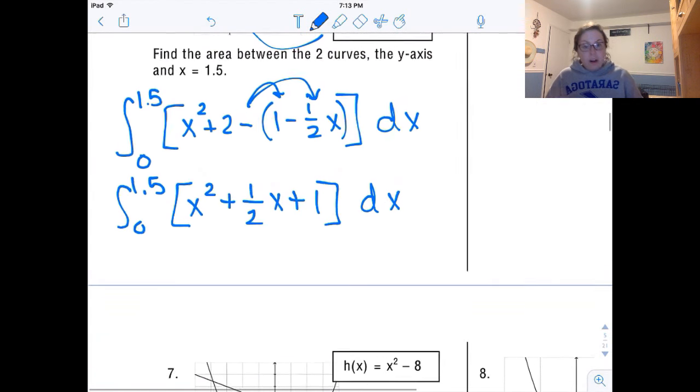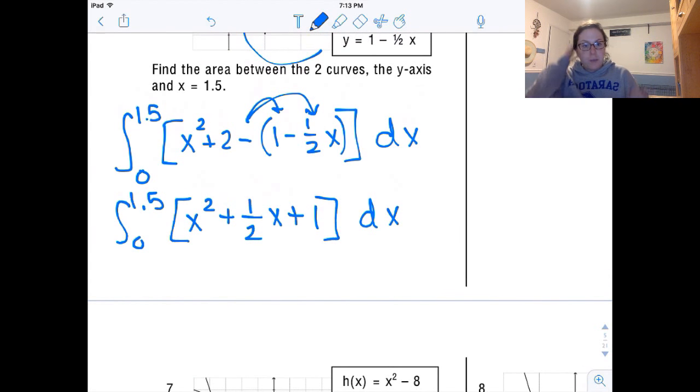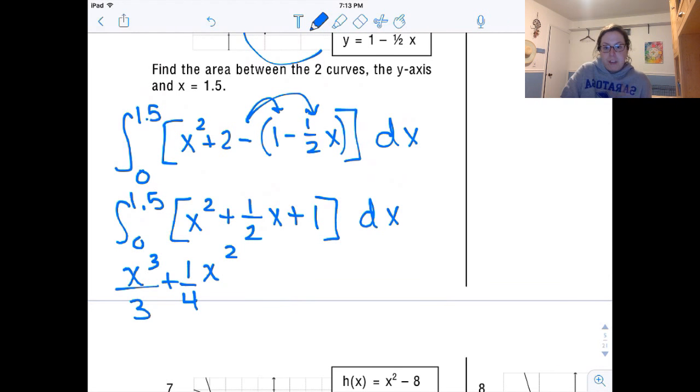So now, taking the antiderivative of each part, right, do each term on its own. The antiderivative of x squared is x cubed over 3. The antiderivative of 1/2 x is x squared over 2, so there's actually going to be a 1/4 out front because it's a half times the over 2. Plus the integral of 1 is just x, and I'm evaluating that from 0 to 1.5.